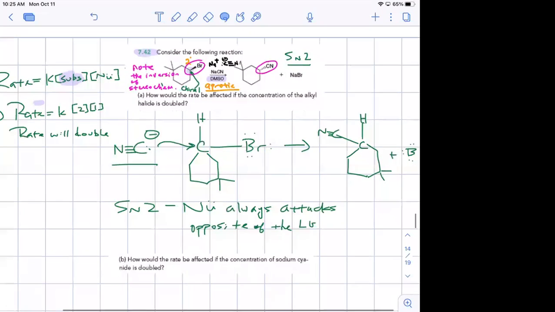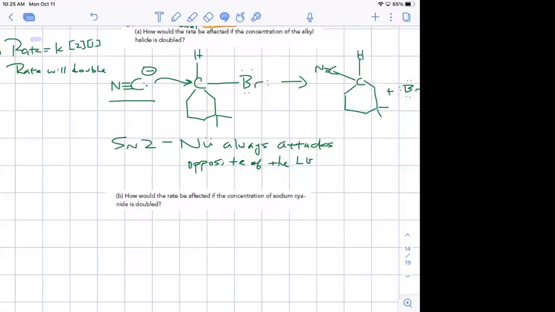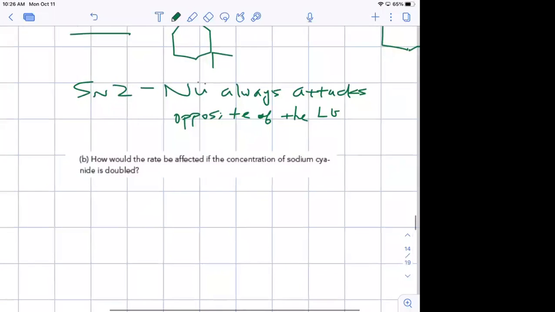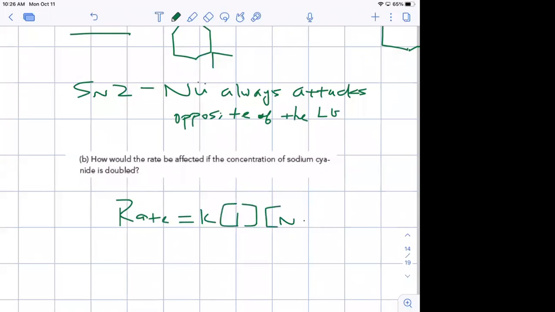What about question B? What if I double the concentration of my nucleophile? What will happen? The rate will double. We had the nucleophile over here, times 1, now 2.